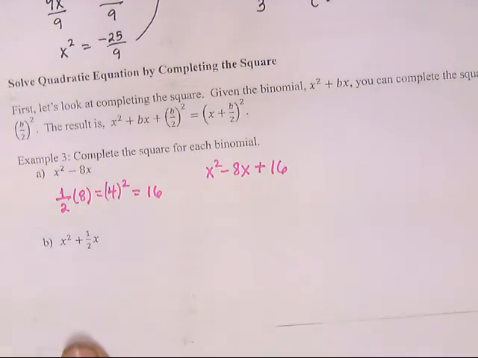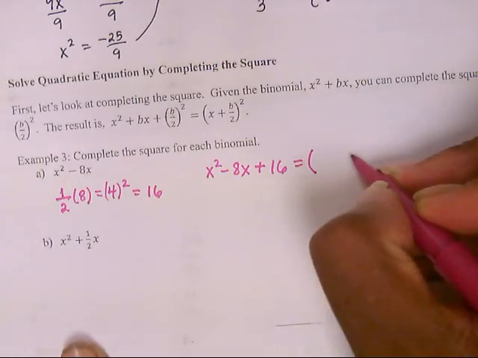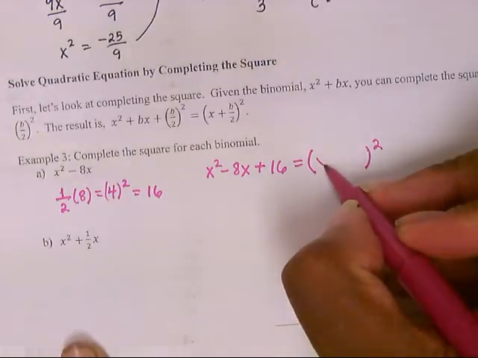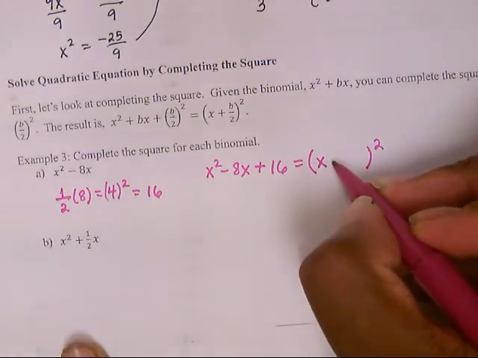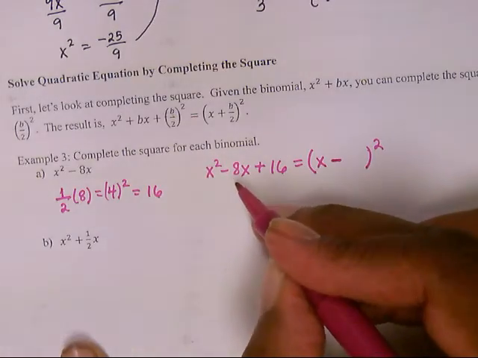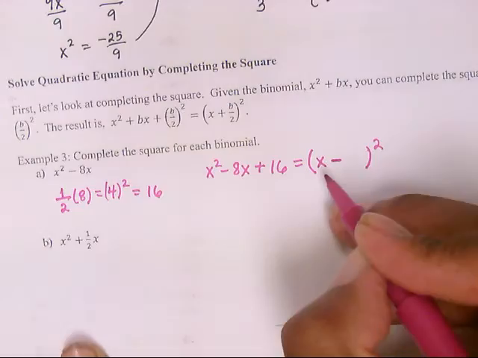Now that x squared minus 8x plus 16 is a perfect square trinomial, which we can factor as this. We know we're going to have an x, and then the middle term is a minus, so the minus sign has to be here. Whatever sign this middle term has, that sign has to be the same here.